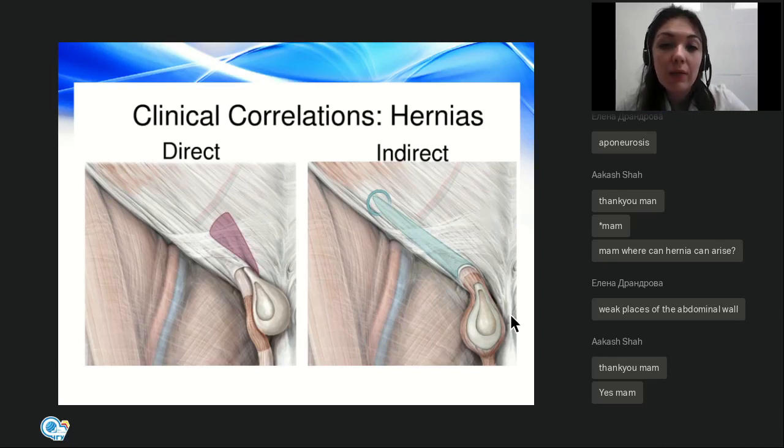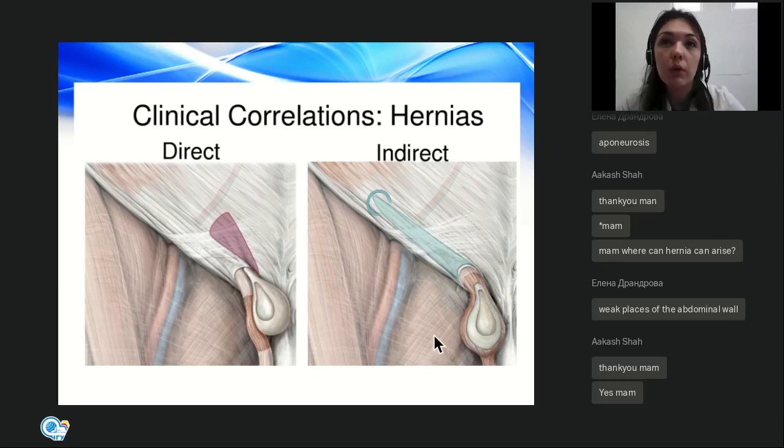When, for example, an intestinal loop enters the inguinal canal through the deep inguinal ring, goes together with the spermatic cord, even enclosed by all the coverings of the spermatic cord, and leaves through the superficial inguinal ring, then it is an indirect inguinal hernia.